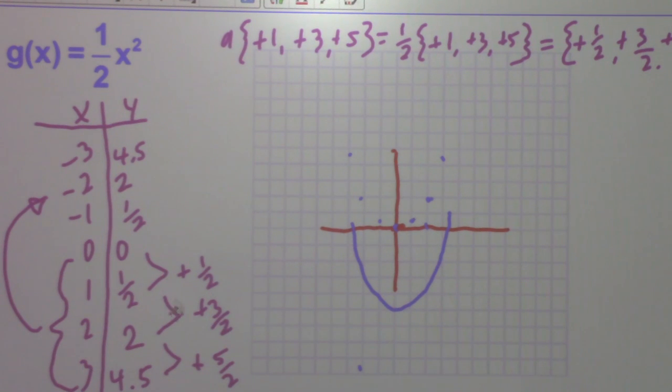And then what happens to all these coordinates over here? Subtract 5. You subtract 5 from each one of them, and that's what you have. And so you'd have like -3 is going to be, subtract 5, you get like -0.5, -3, -4.5, -5. Okay, everything subtract 5.